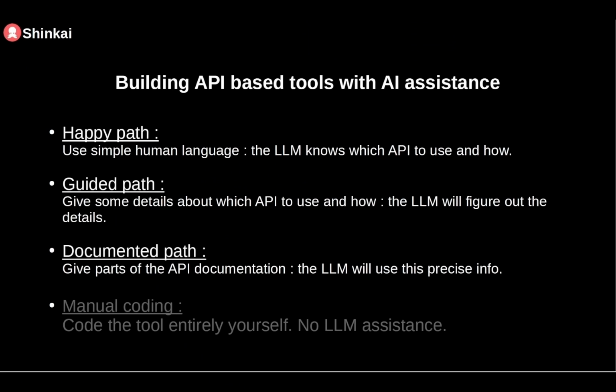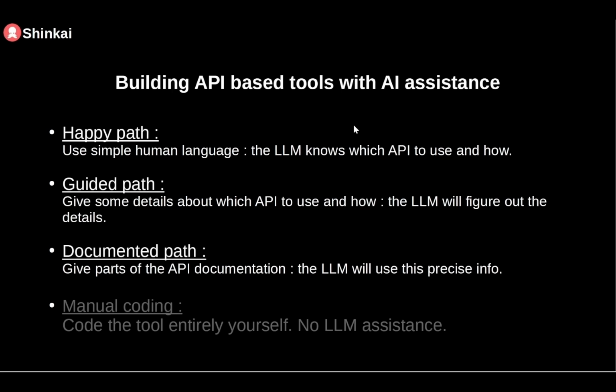Because we have AI assistants to code tools in Shinkai, there's actually 4 ways it can go. There is kind of a naive, happy path where you assume that maybe the LLM knows about the API and what you want to do because it is in its training data somewhere.